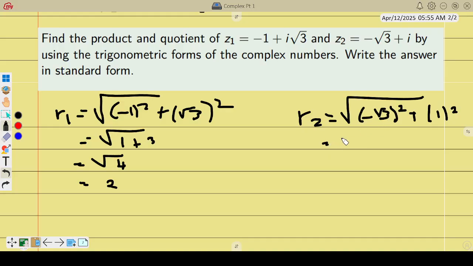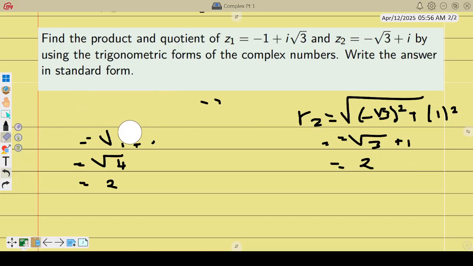Yeah, so here we're going to have, here will just remain with 3 plus 1. 3 plus 1, 4, the root is 2. So R2, it is 2.